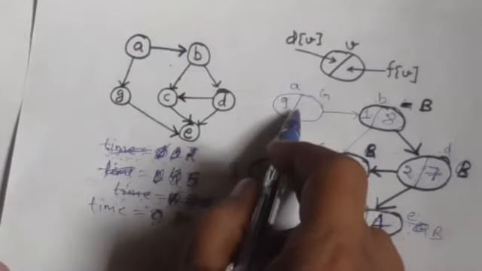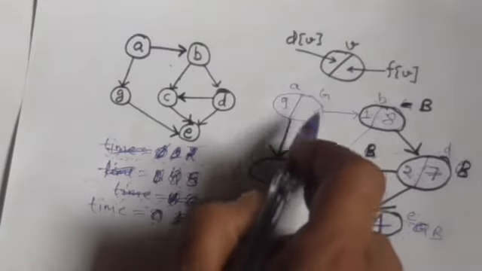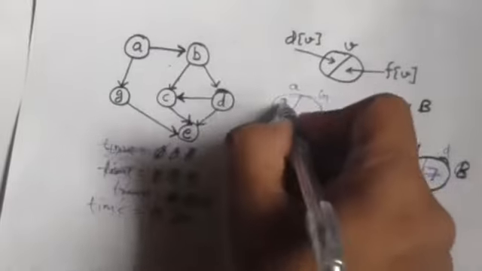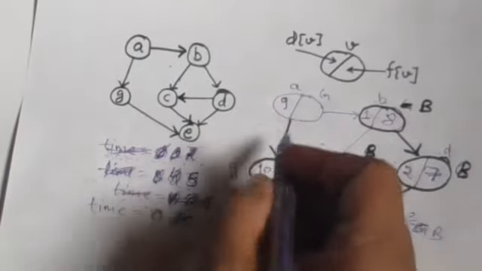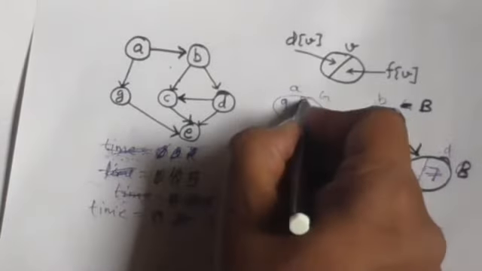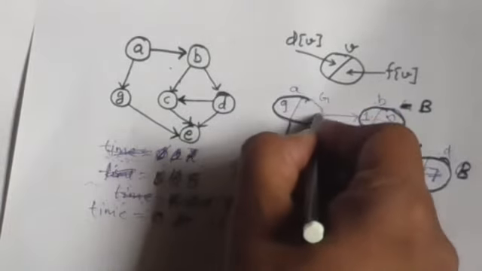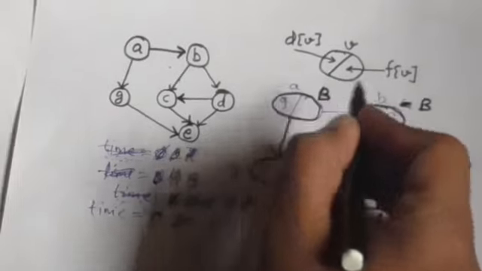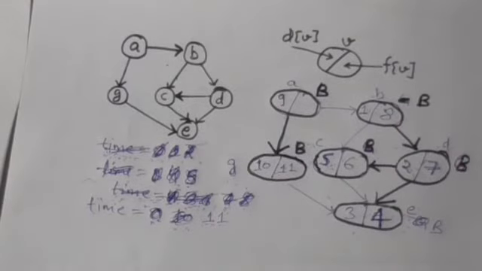Vertex A doesn't have any white adjacent vertex now, right? So what will we do? We will change the color of vertex A from gray to black, and we will increase the value of variable time by 1.